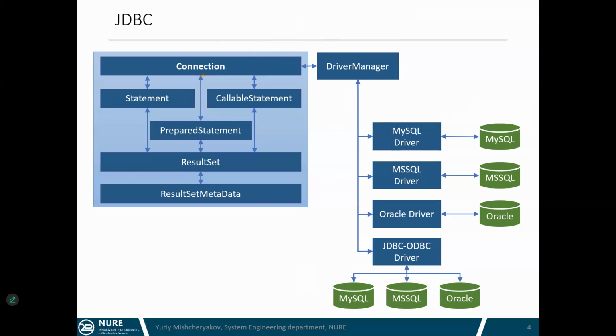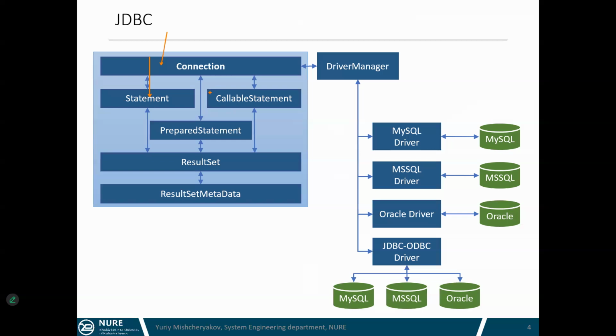Then on this connection object, you can use several kinds of statements. Statement is usually used to run read queries, something like a select query, when the query doesn't need any specific parameters like filtering.